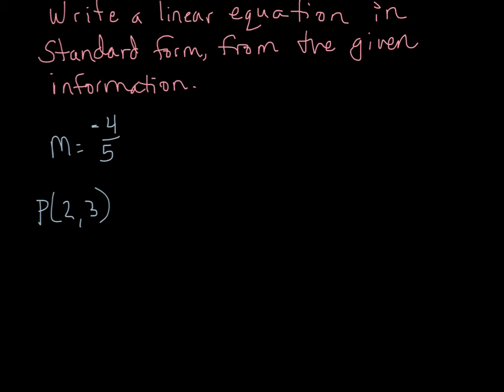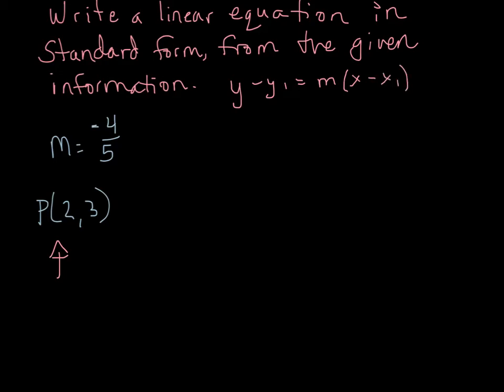All right, so in this example, we are going to write a linear equation in standard form again, but from the given information, which is different in this case. So in this case, instead of just giving us the y-intercept, they give us 1 point right here, and P stands for point. 1 point that's on the line, 2, 3. So I'm going to use my point slope form, which if you remember is y minus y1 equals m times x minus x1.